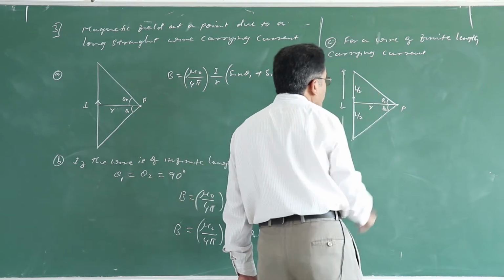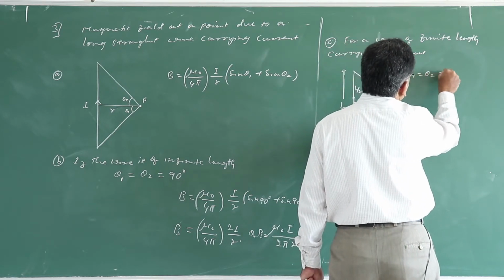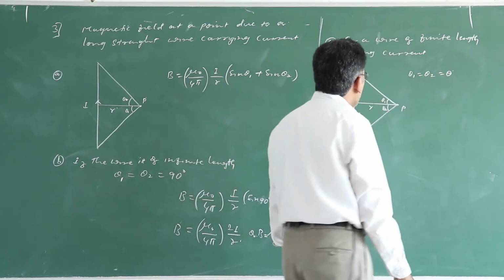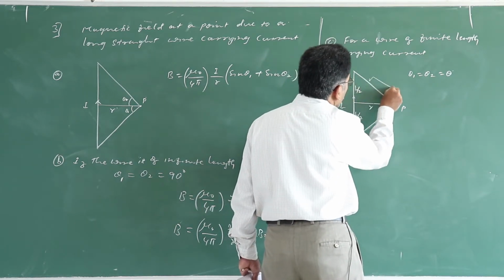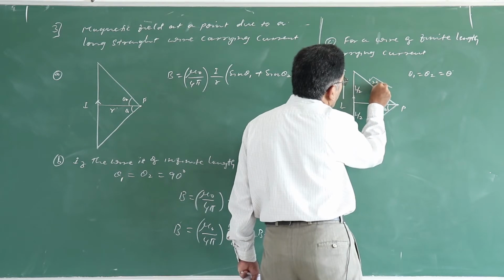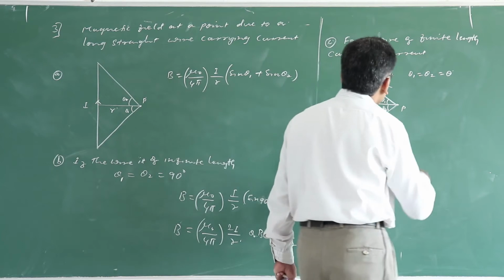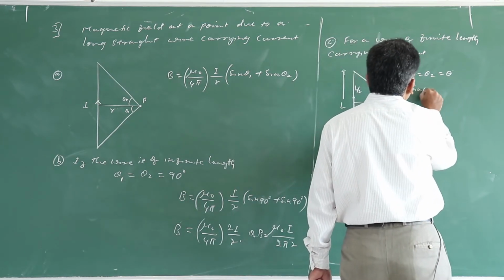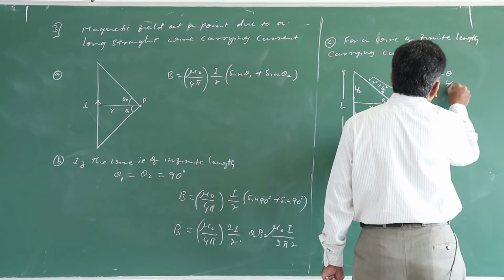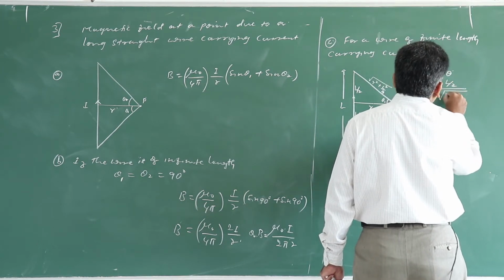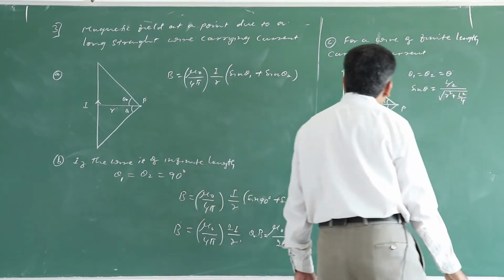Here theta 1 is equal to theta 2 is equal to theta. The hypotenuse is root of r square plus L square by 4, so sin theta becomes L by 2 divided by root of r square plus L square by 4.